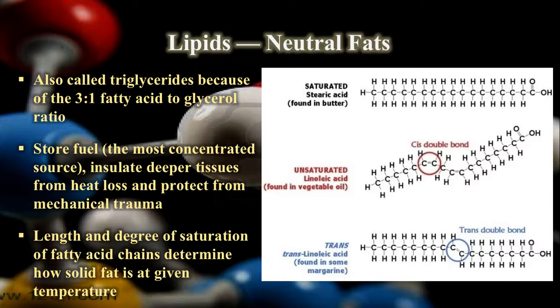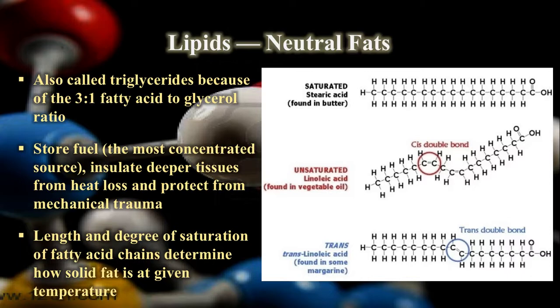That doesn't allow them to pack as tightly, which means they're not solid at room temperature, they're more liquid. So unsaturated is kinky, and it is a liquid at room temperature. What is an example of something that you eat that has unsaturated fatty acids in it? Oils. Vegetable oils, olive oil, all those other oils, they are unsaturated.